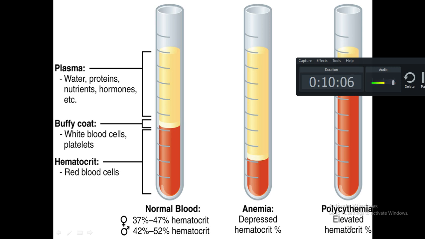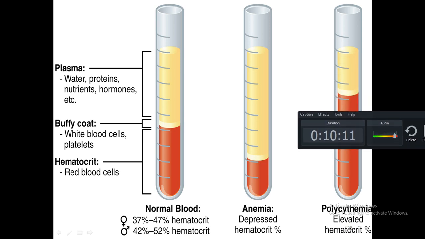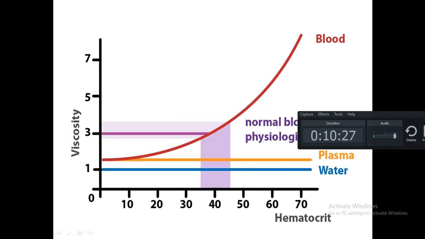And this is a condition of polycythemia in which the RBCs are more than normal. They are about 70% or more, and then 30% or slightly less than 30% is plasma. So this is a condition that is seen in polycythemia. Now this is a graph showing the hematocrit.